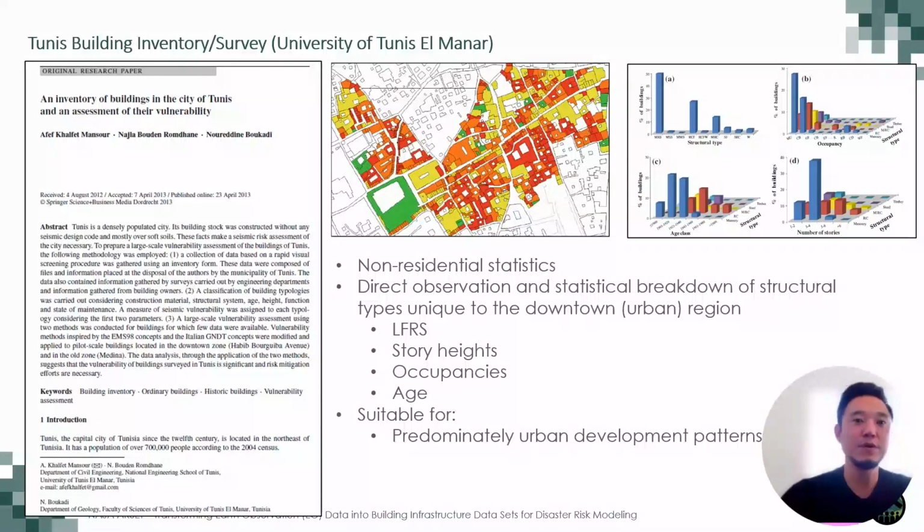And we use this for the non-residential statistics, since we already had a lot of residential stats from census data. This was great. It was direct observation and a breakdown of structural types for this downtown urban region. And this was suitable for our urban development patterns.